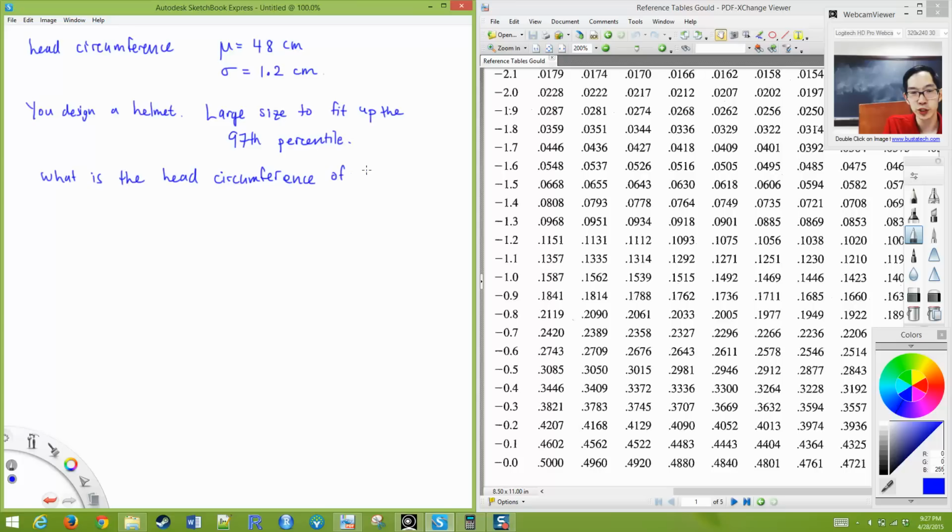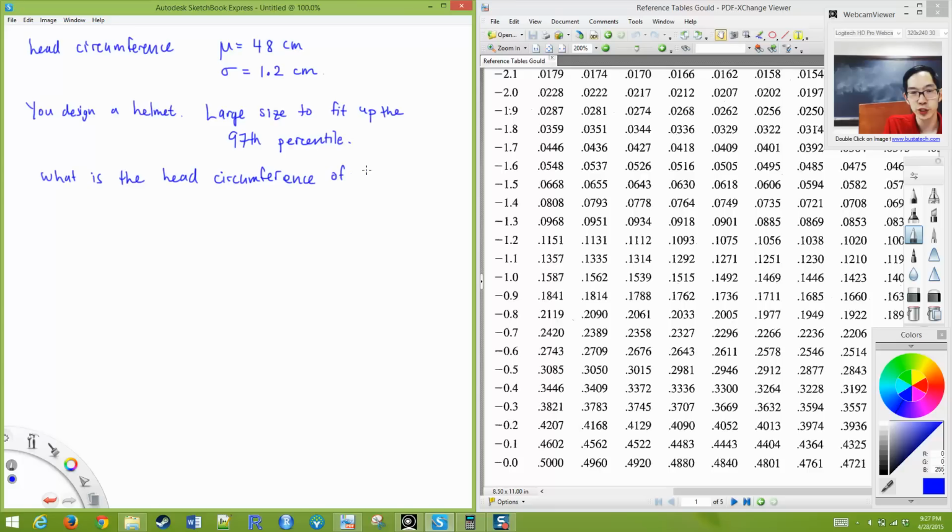Where 97% have lower values. Okay, or 3% have higher values. So the 97th percentile is the spot where 97% have lower values.